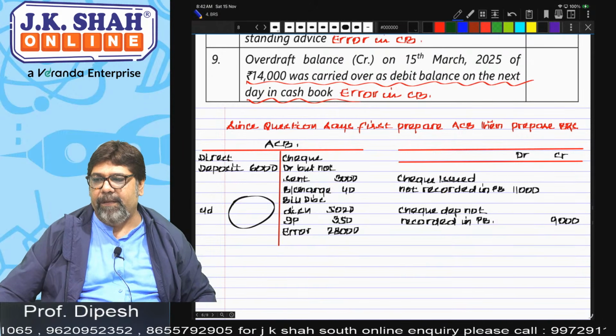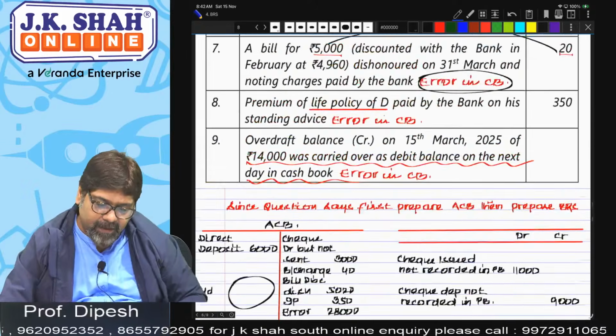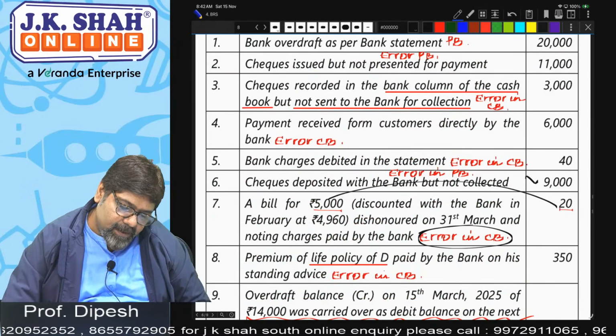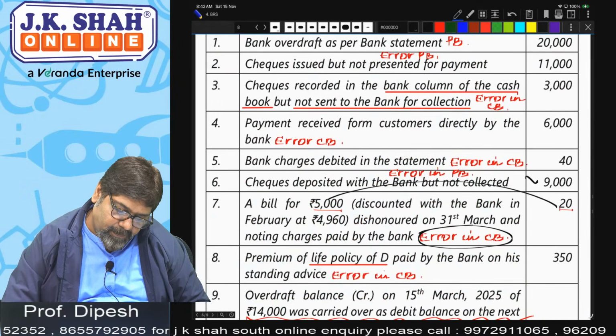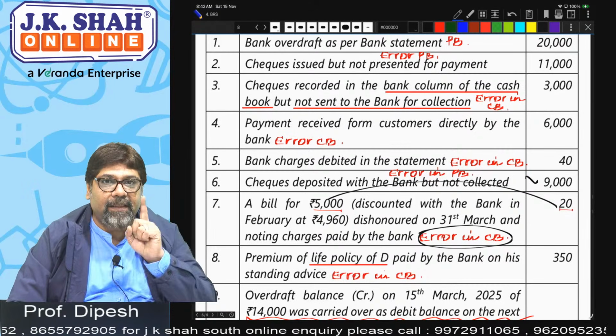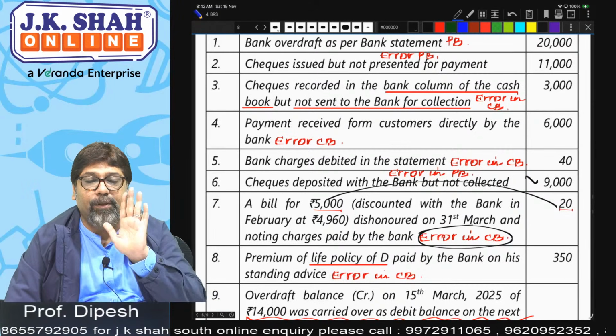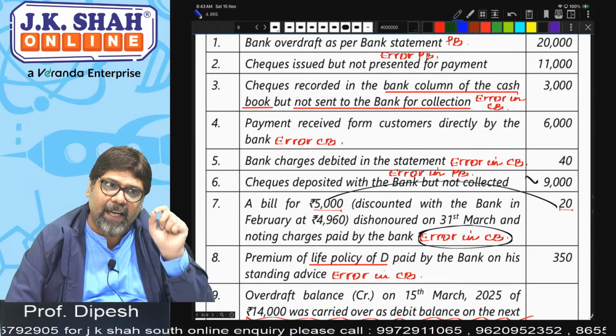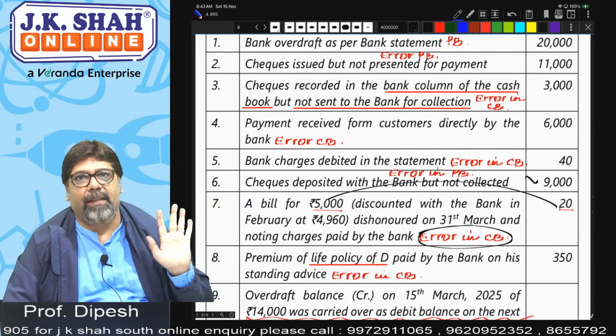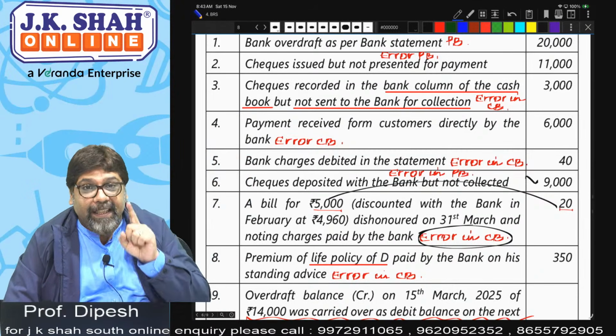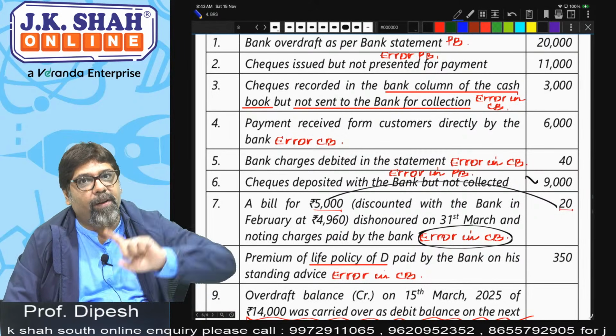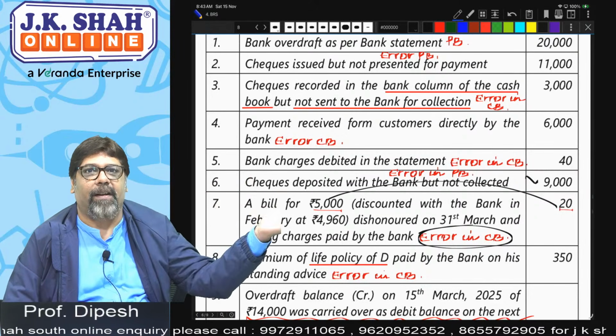Sir, what is the difference between adjustment number 3 and 6? In 3, you have recorded the check in the cash book on the debit side, but you have not sent it to the bank. So it is an error in the cash book. In 6, you have recorded it in the cash book, you have sent it to the bank, but the bank has not recorded.